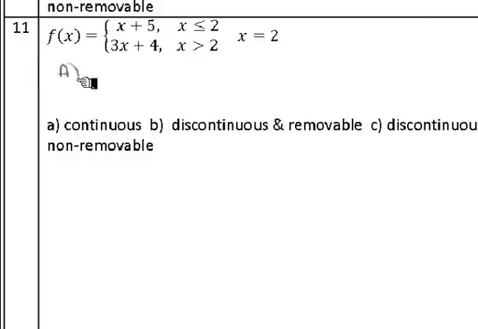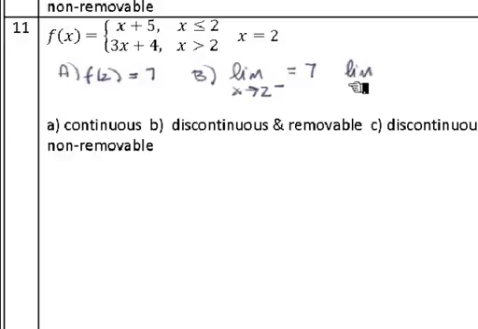A is true. F of 2 is equal to 2 plus 5, which is 7. Just plug in right here. But B is what fails. That's what we were just looking at. The limit as x goes to 2 from the left is equal to 7.